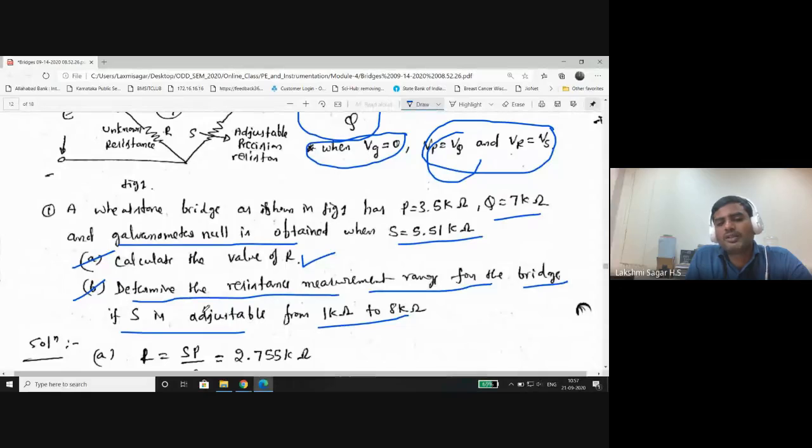You have to consider S is equal to 1 kilo ohm, then calculate R. Next, similarly, if S is equal to 8 kilo ohm, then what is the value of R? You need to find out. This is your second question. What answer did you get?